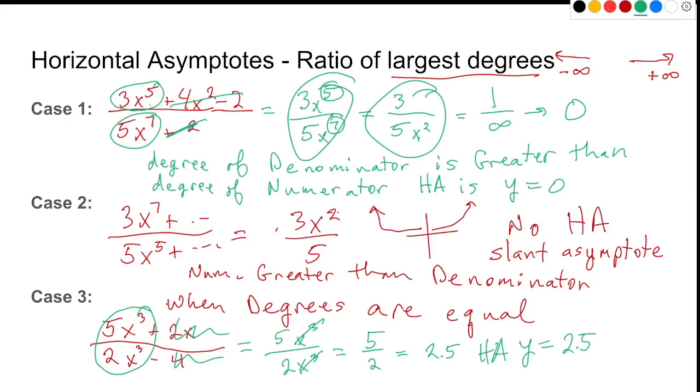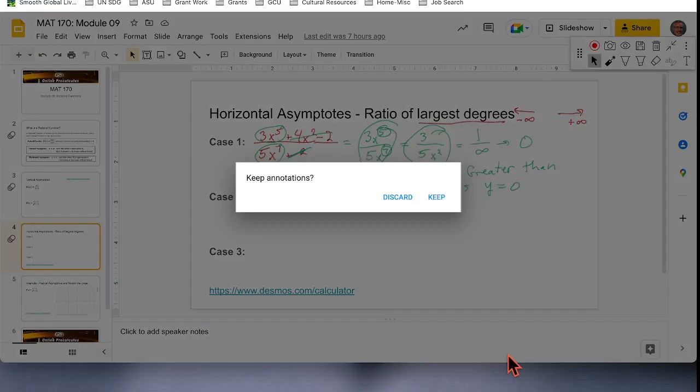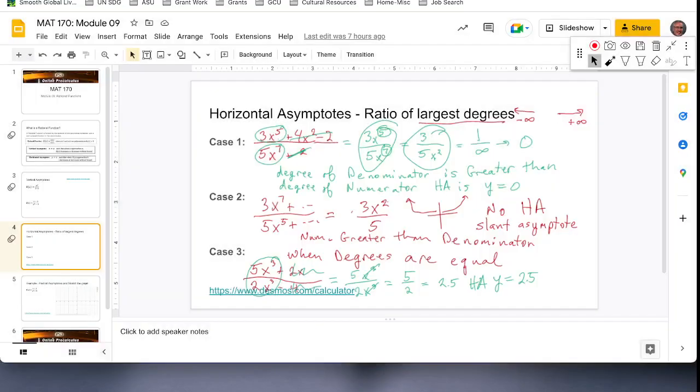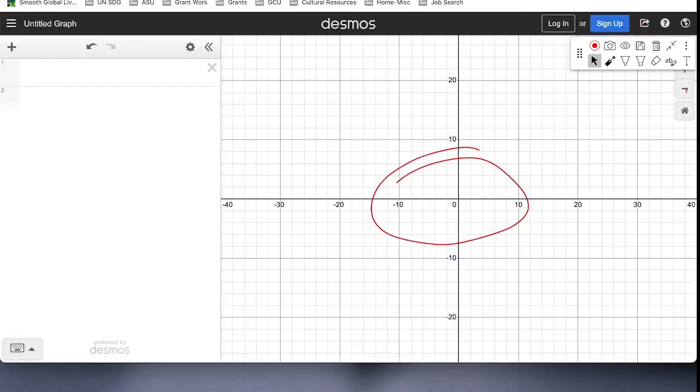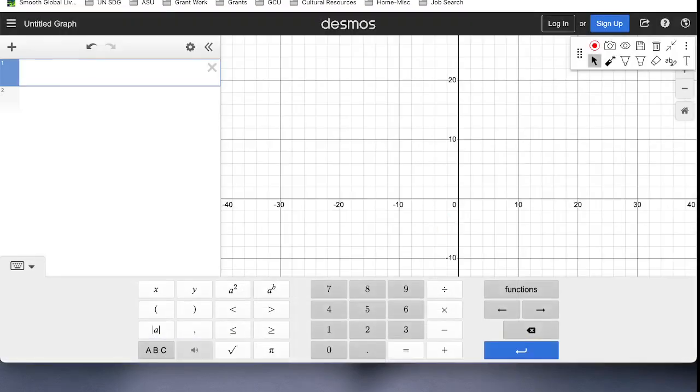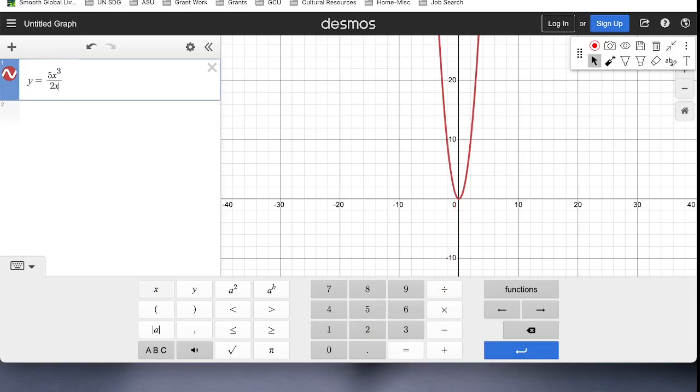And so let's go into Desmos. We'll take a look at these two examples. And let's clear this one out. So let's just look at that last one that we just looked at, y equals 5x cubed divided by 2x cubed.